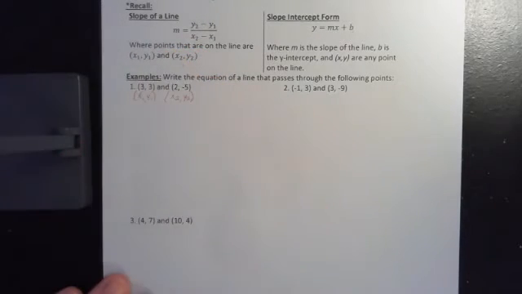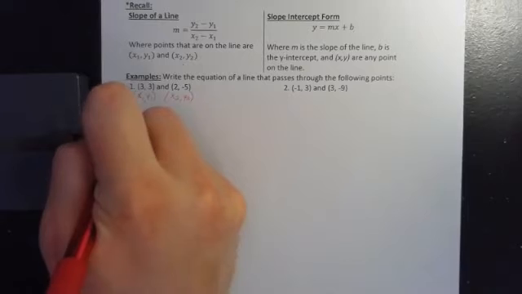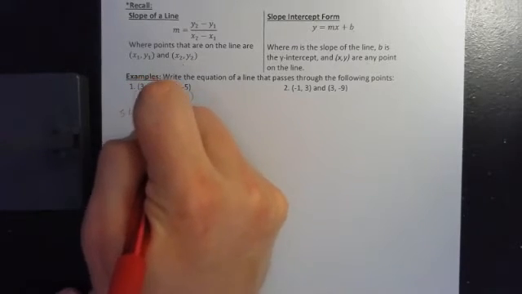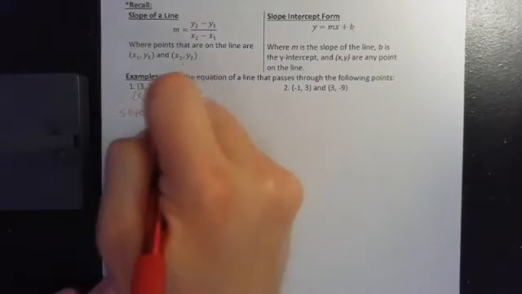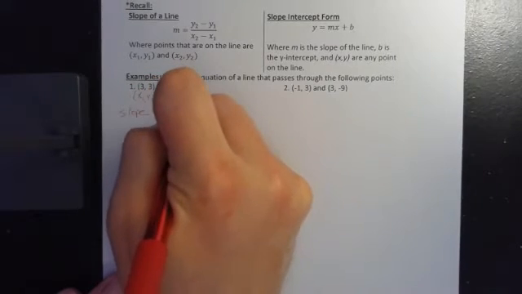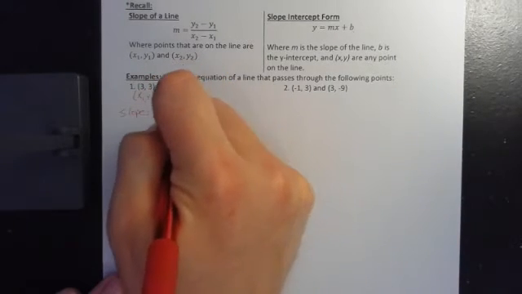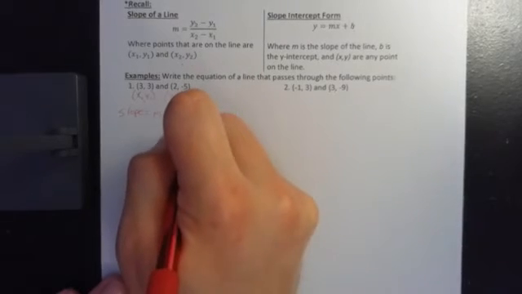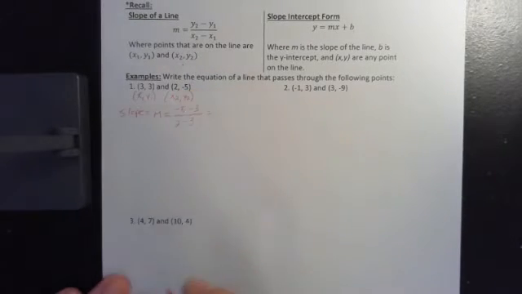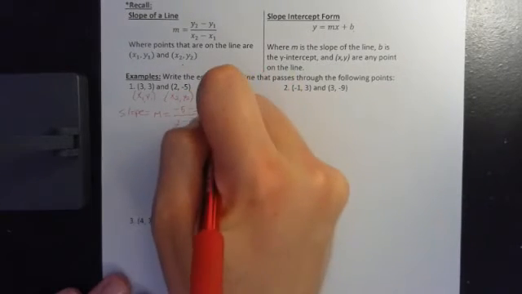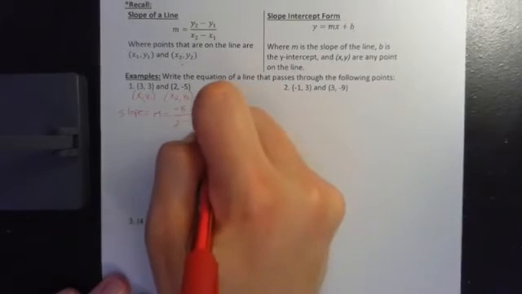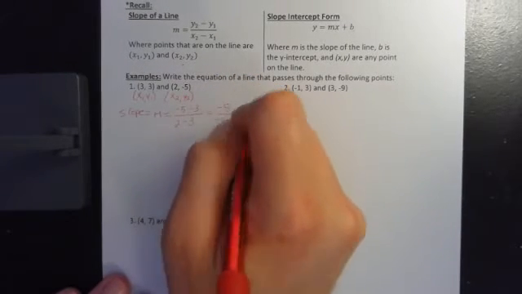So first thing I need to do is figure out my slope, which is m is equal to y2 minus y1, so negative 5 minus 3 over x2 minus x1, so 2 minus 3, which is going to give us negative 8 over 2 minus 3, which is negative 1. So that's a slope of 8.